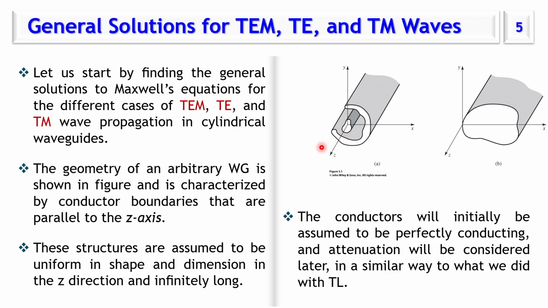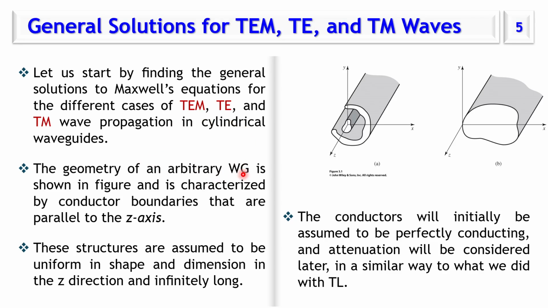Cylinder means that along one direction everything is uniform, and this direction that we choose is the z-axis. So we assume this cross section extends along the z-axis in both directions to infinity, with some internal conductor or without an internal conductor.